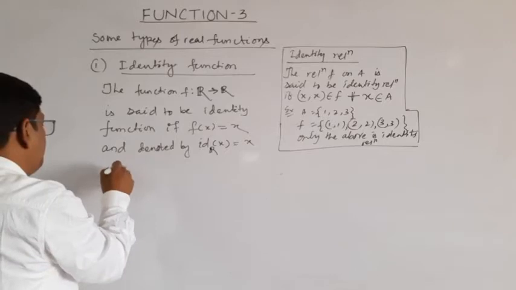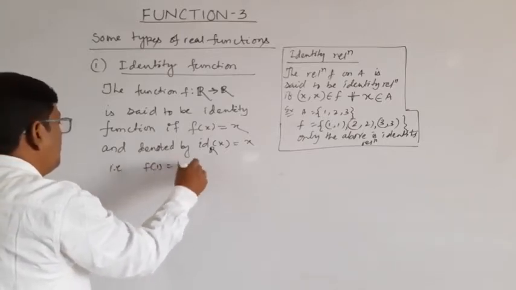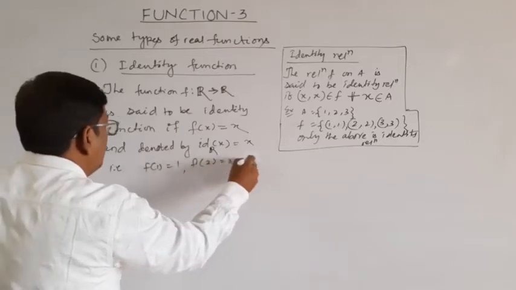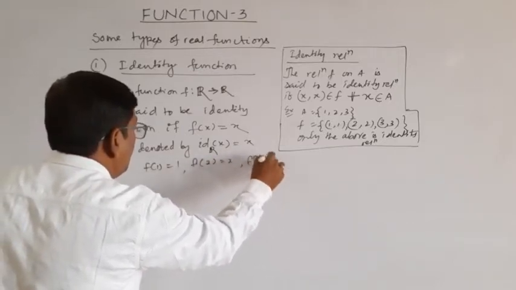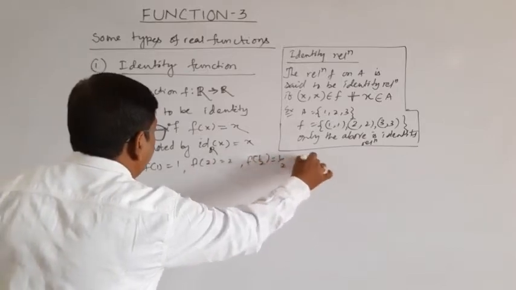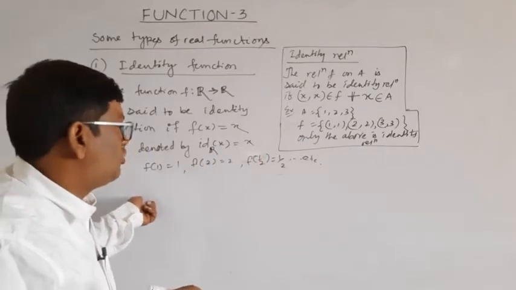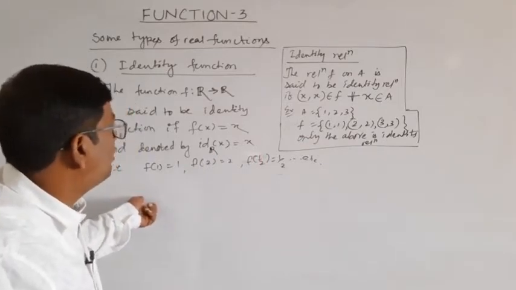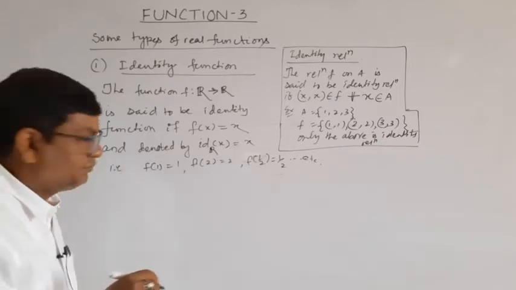This is the nature of the identity function. Clear? Now, what is the domain of the identity function?